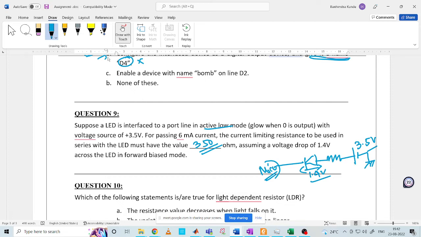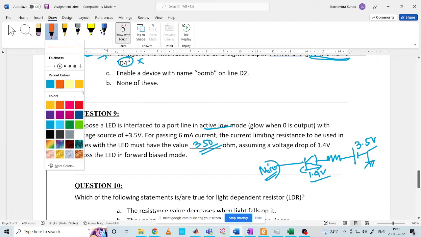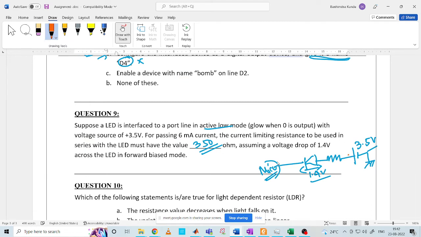Okay, see what happens. The moment you make it 0, current will flow. Now to make this LED glow, 1.4 volt is necessary here. If 1.4 volt is dropping here and this potential is at 0, then what will be the drop here? This is I into R, right? So IR will be 3.5 minus 1.4. This I is given as 6 milliamperes.